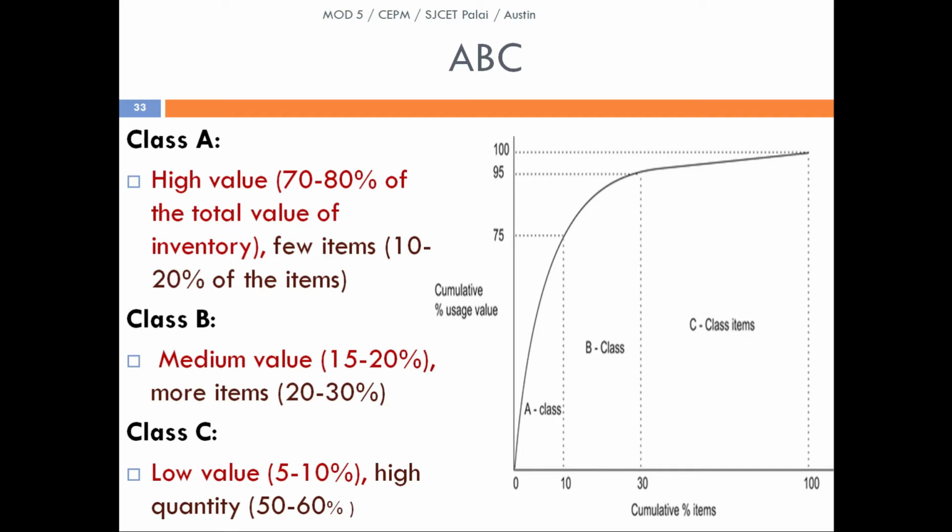If we take an example, we can substantiate class A, class B, and class C. Consider the vehicle company Toyota. It has a high-end vehicle known as the Vellfire, which costs around 1 crore rupees, so a single car has a much higher usage value.